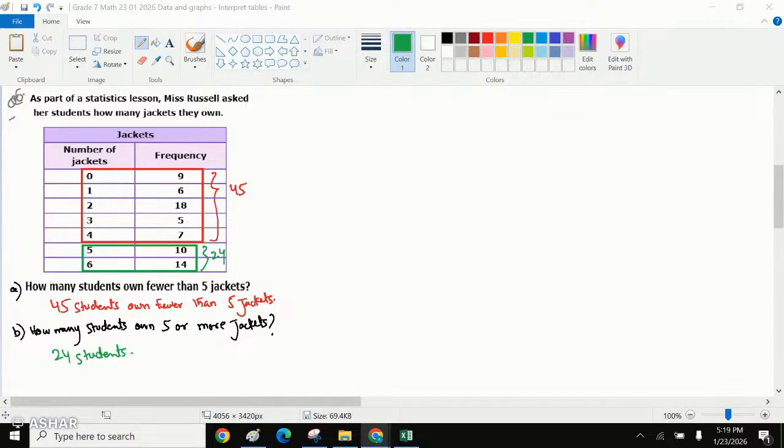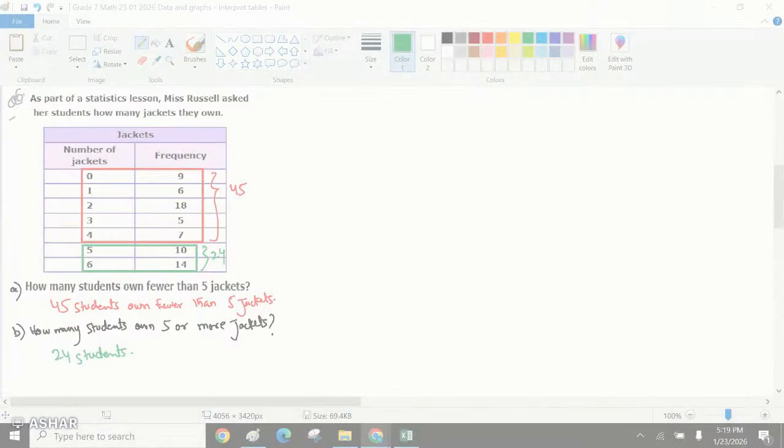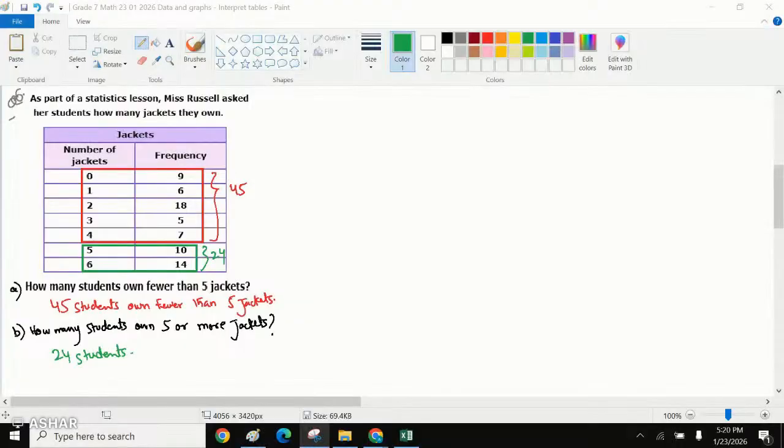Okay. So once we move ahead, stuffed animals. The next question is about, as a part of a stuffed animal drive to the local children's hospital, the students at Wells Elementary recorded how many stuffed animals they have collected. Okay. Let's see.